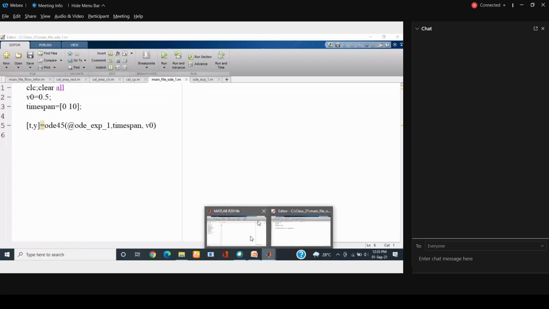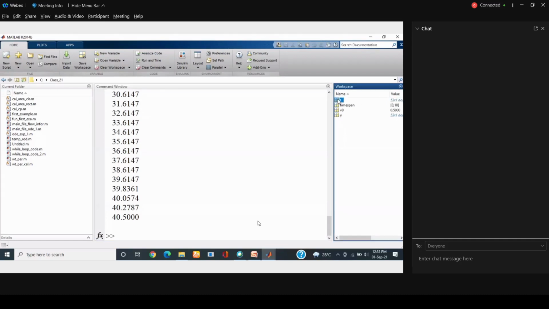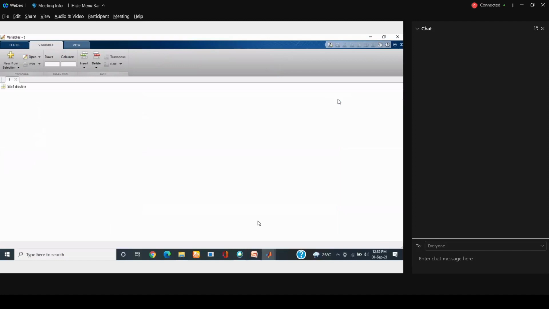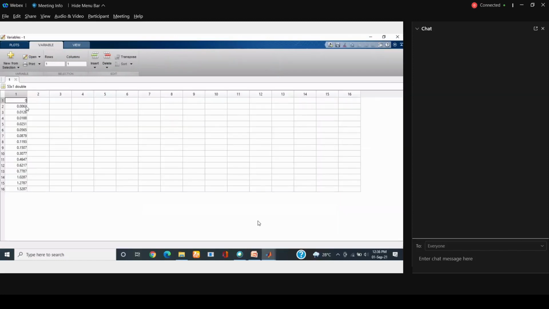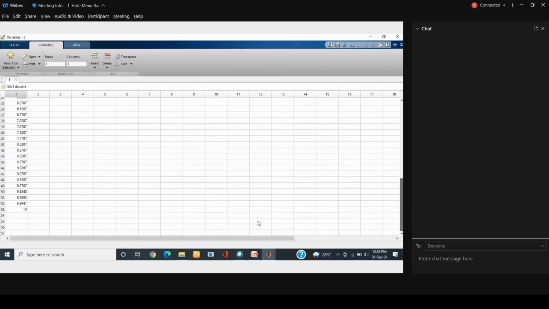I'm expecting t as a column vector and y as a column vector. So if you open this, you will see that t starts from 0, which has been given in the t span, and if you go to the end, the last value is 10.